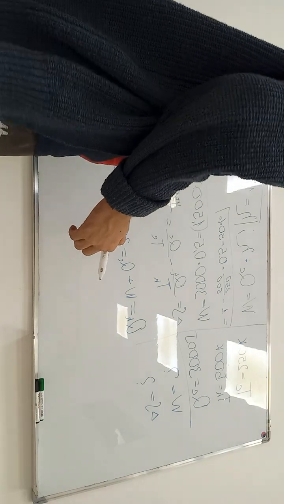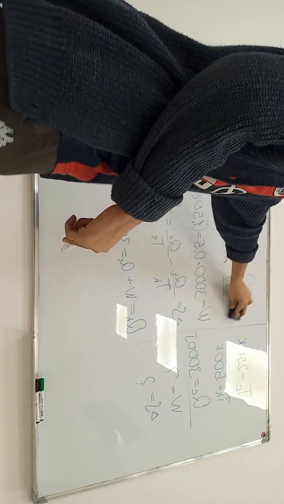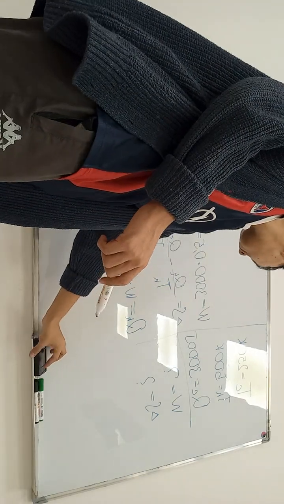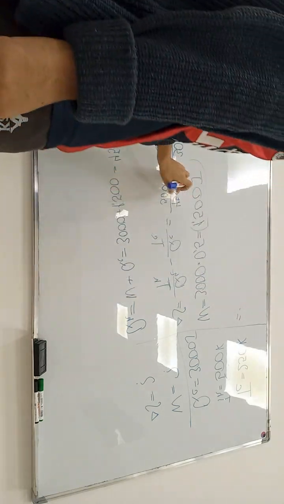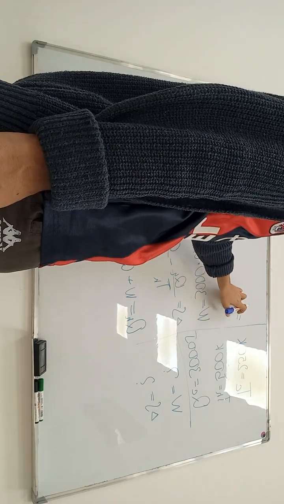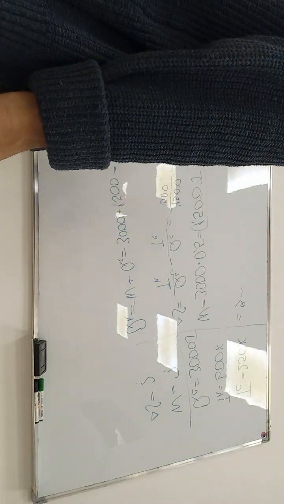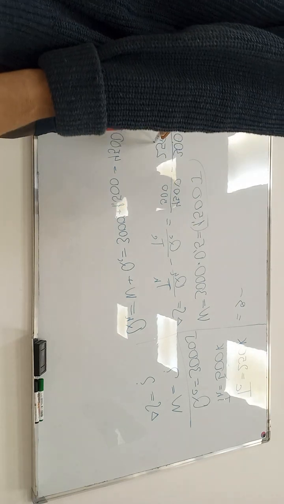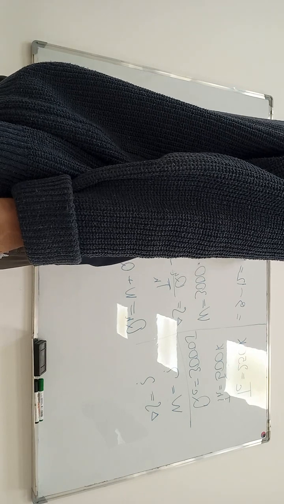I need to clear some space here. 4,500 divided by 500, we took 9, minus 3,000 divided by 250 is 12. So we get minus 3.